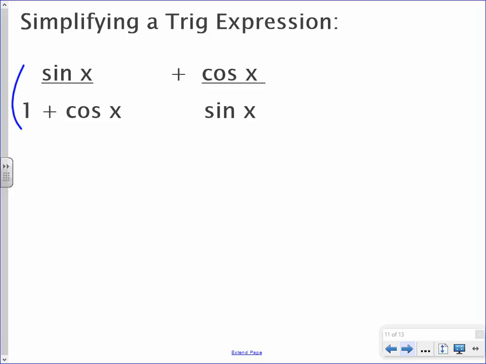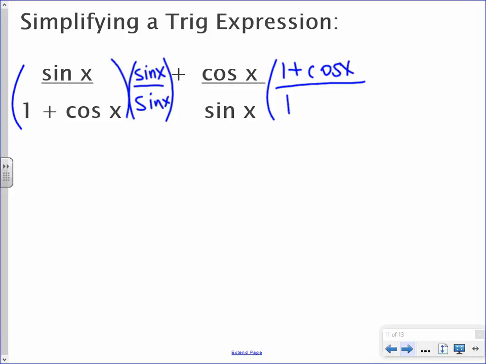So we'll take this first fraction and we'll multiply by sine of x over sine of x. And then we'll take this second fraction and we'll multiply by 1 plus cosine of x over 1 plus cosine of x.